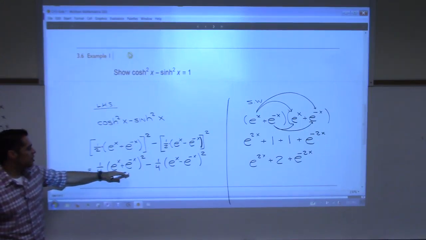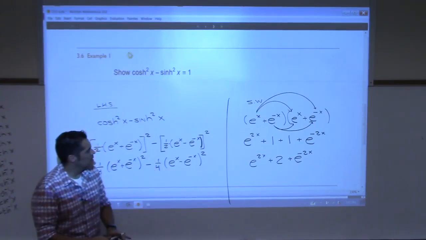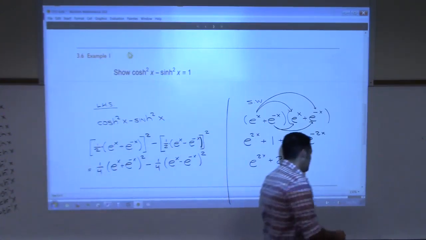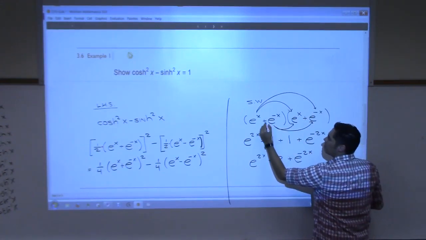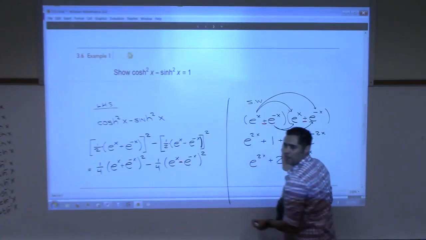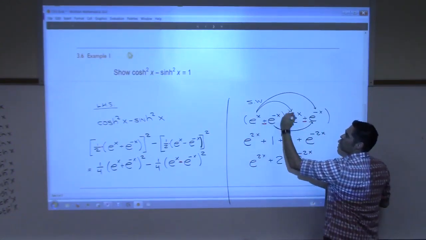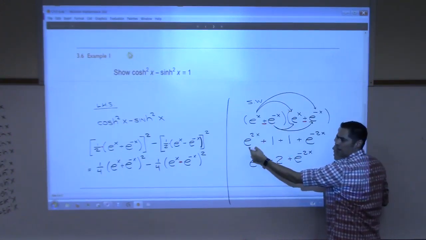How would things change if I expand this one? Yeah, let's see. I'm not going to rewrite the whole thing, okay? All I'm going to do here is change this to minus and this to minus, all right? So we're doing this one right here, okay? Would the first multiplication change? This is still positive and positive, so we'd still get this, right?